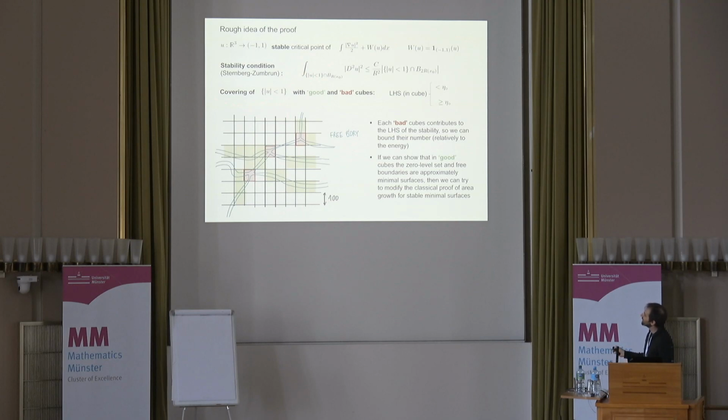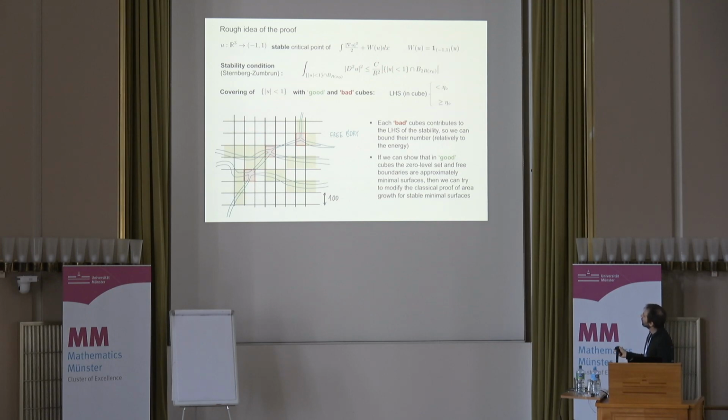So everything interesting happens in this region, right? And if you integrate in this region the Hessian squared of your function, this is bounded by a constant over R squared times the volume of this interface, the volume that is like the area, right?